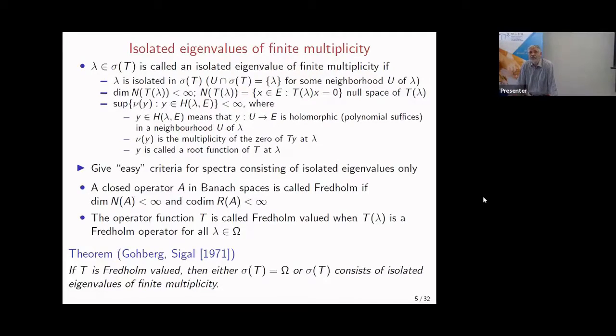And then we call our operator function Fredholm valued if T of lambda is Fredholm for all lambda in omega. And now we have the theorem by Gohberg and Segal, which goes back to 1971. If T is Fredholm valued, then either the spectrum of T is all of omega, that's a non-interesting case, or the spectrum of T consists of isolated eigenvalues of finite multiplicity.